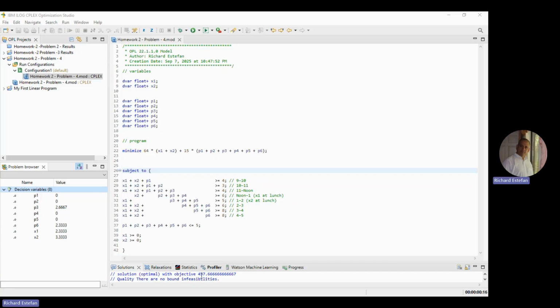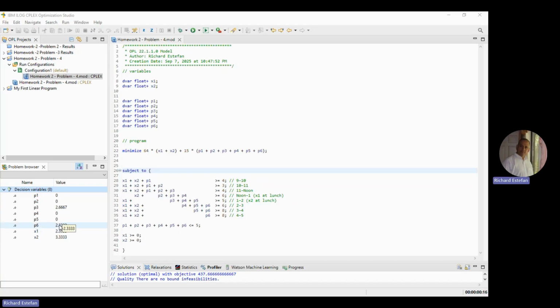In this case, well, actually $437.67. However, this cost was based on the following values. The full-time employees which need to go to lunch between noon and 1 p.m., represented by X1, which generated 2.333.